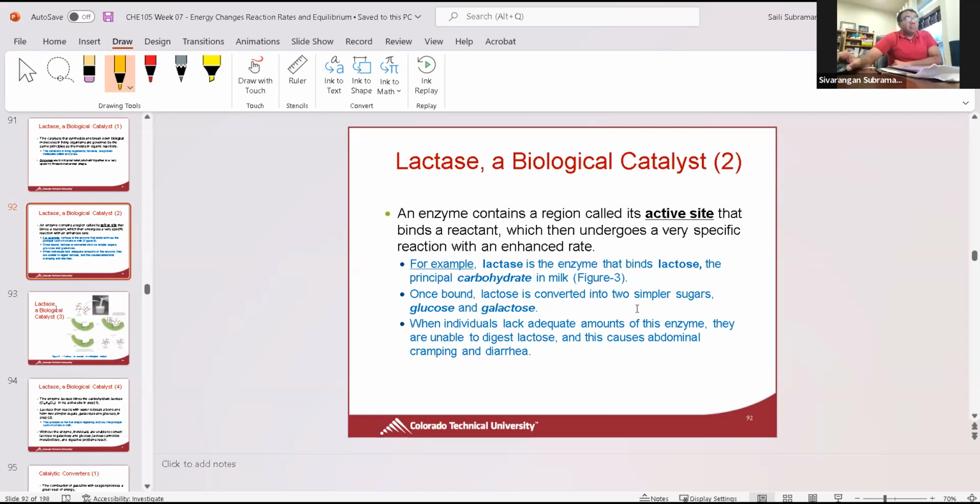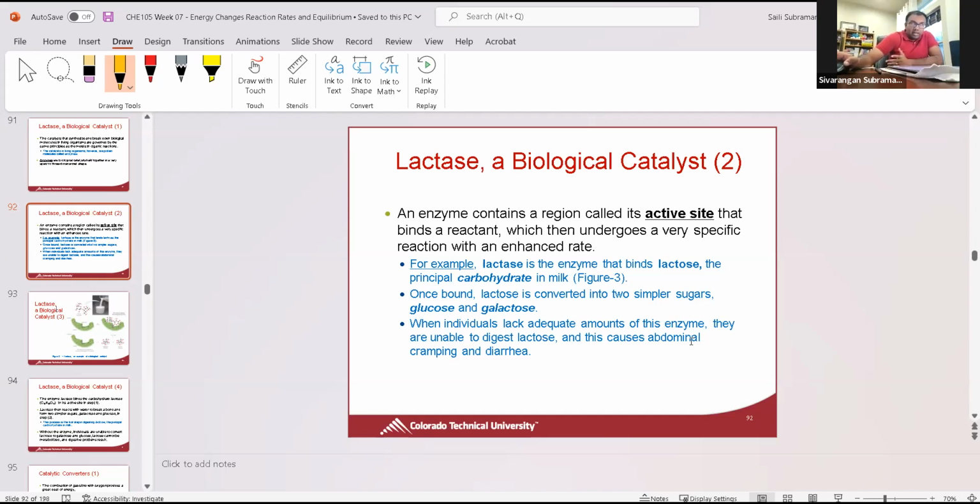The problem of lactose intolerance is essentially when individuals do not have the lactase enzyme. They're unable to digest the lactose, and lactose by itself is what causes that irritating and uncomfortable feeling of abdominal cramping and diarrhea.